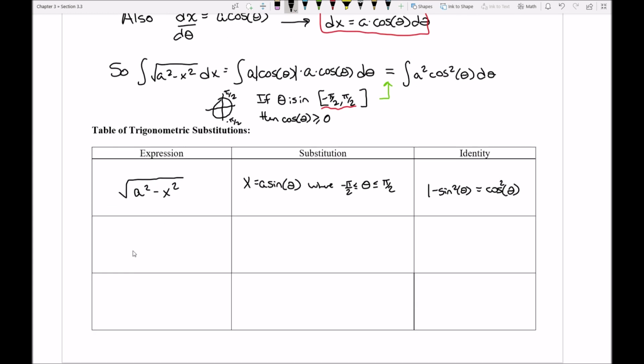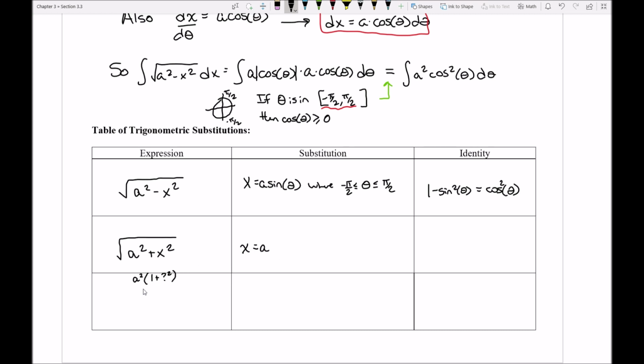Now, if I think about some other expressions that I could work with, suppose that I had an expression that looked like a squared plus x squared. If I wanted to do a substitution here, you could probably still imagine that I'm going to start with the value of a. So I can imagine having an a squared and an a squared that could be factored out. However, once factored out, keep in mind I would have something like a squared times 1 plus something else being squared, which would be the trig function that I have.